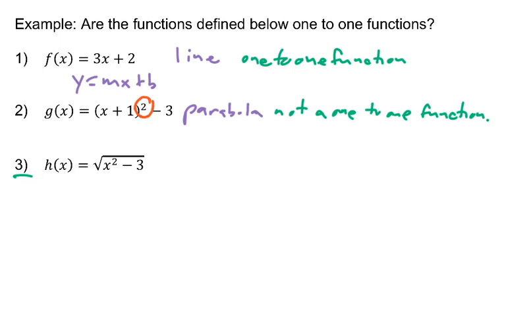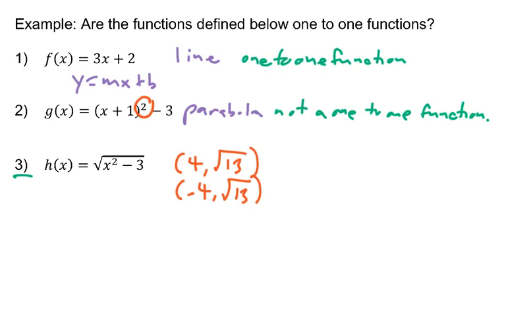But if you think about what happens whenever you have a square, let's just pick a number just for the sake of a discussion. If I pick 4 to be x, or if I pick negative 4 to be x, either one, when I square those, I'm going to get the same positive number, in this case 16, and that will cause the y-coordinate to be the same. Now, this isn't the prettiest y-coordinate, but that's okay.